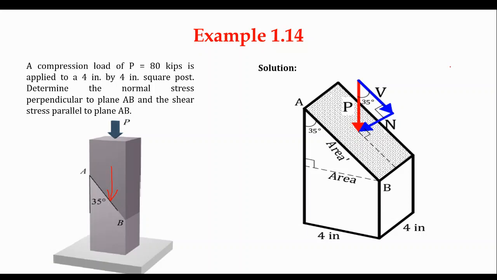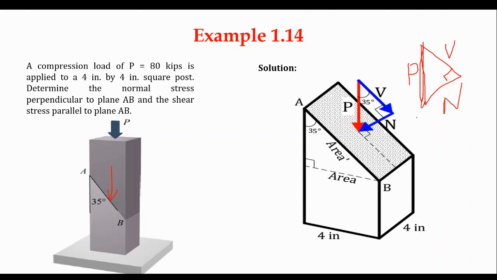Dapat si P ang hypotenuse. So if this is shear, this is N, this is 90 degrees, so si P is the hypotenuse.